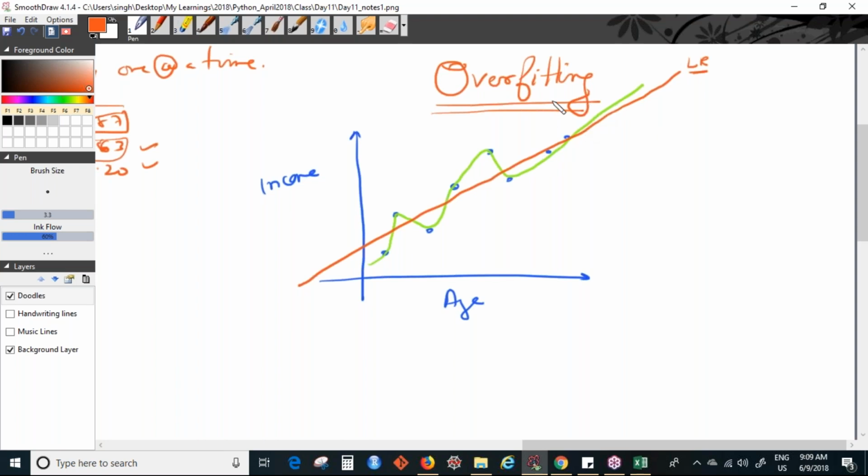Now which of these models is good? Which model will you prefer, and why? First tell me which model you will prefer, the green one or the red one? Tell me by the color.